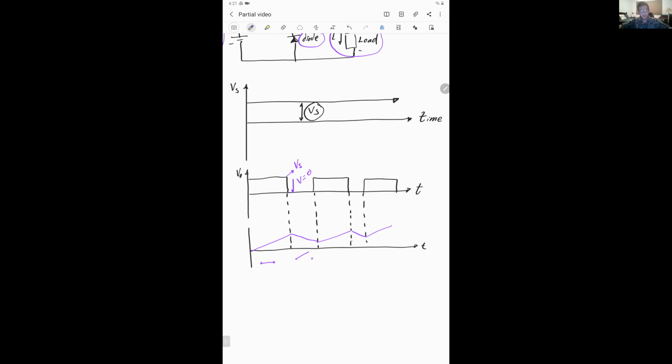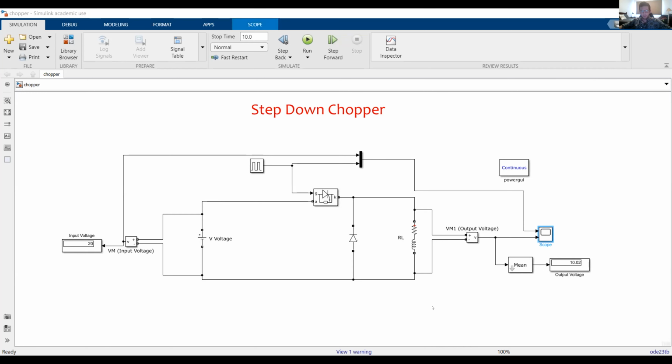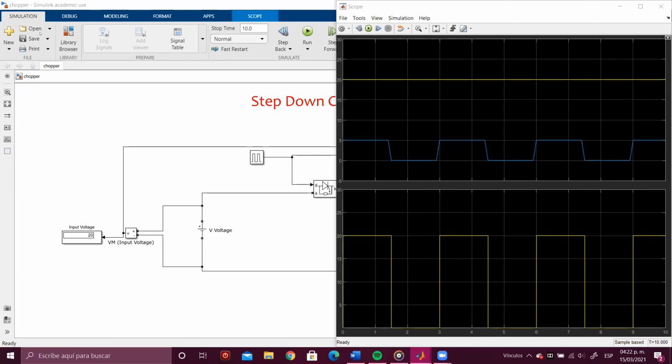So now we're going to simulate a step-down chopper so we can show it better. Here we can see the circuit, and when we simulate it, we can see immediately that the input voltage of 20 volts is decreased to 10.02 volts. Once we click here on the scope, we can see the behavior of the voltage and the current.